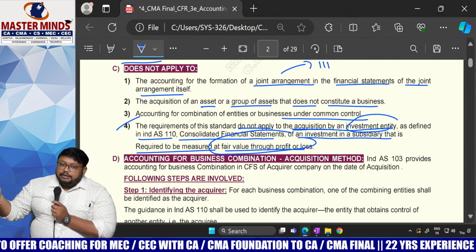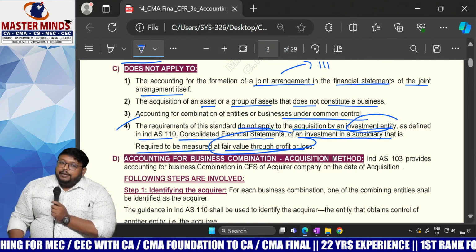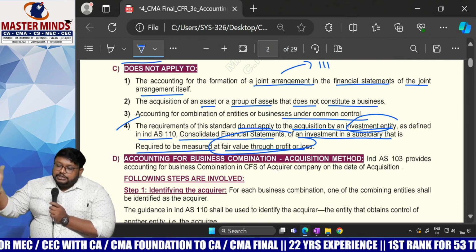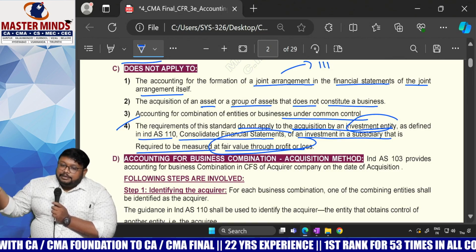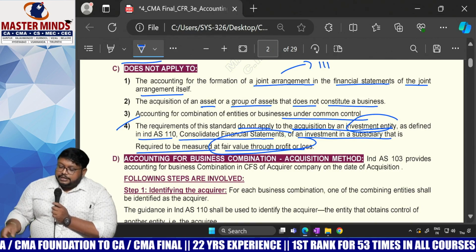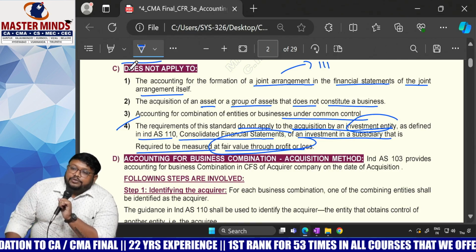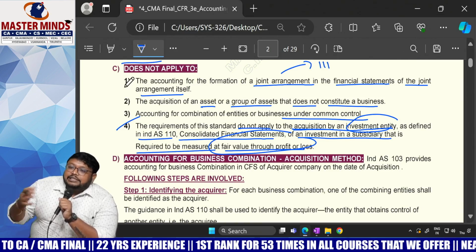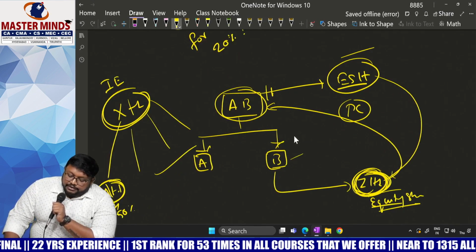One investment I can make to gain profits if the price increases. Sometimes I make an investment where generally my intention is to get the dividend only, but my other intention is that if the share price rises, I can sell that investment. If two intentions are there, based on the intention of the parties we will classify the financial instrument. Financial instrument means, as I told you, investments.